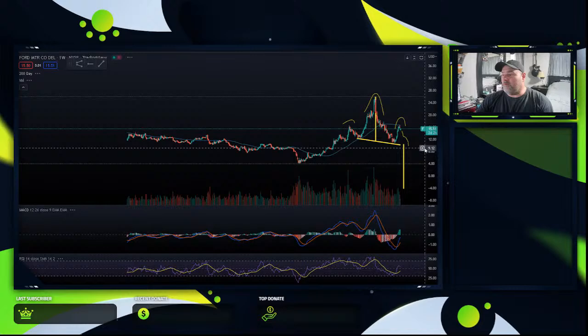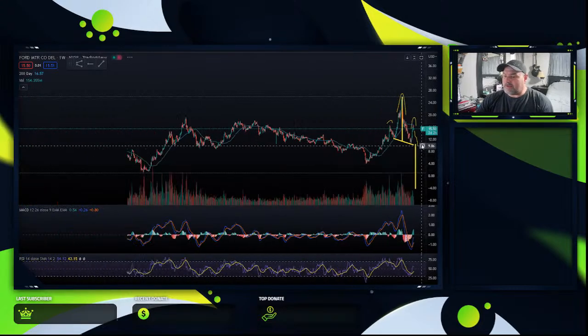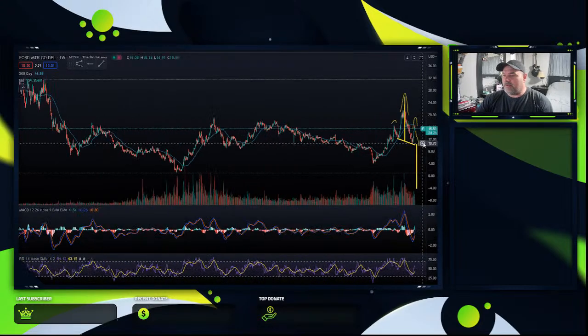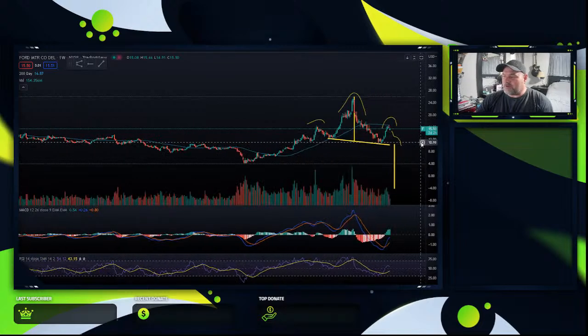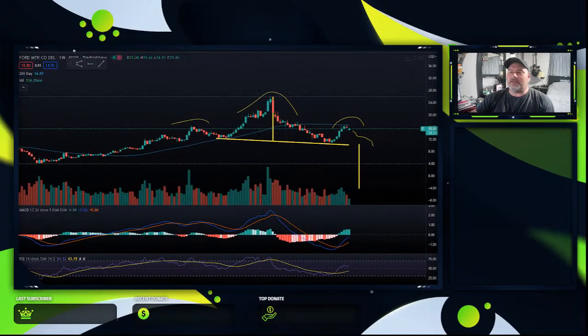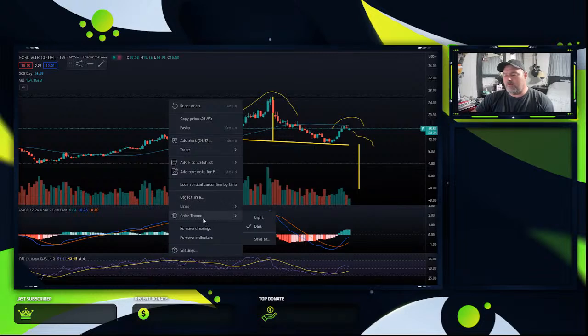And that will give you, it's exacerbated sometimes, but you can see it's not good. It puts you down there deep, but the weekly time frame is going to throw you off a little bit on that.